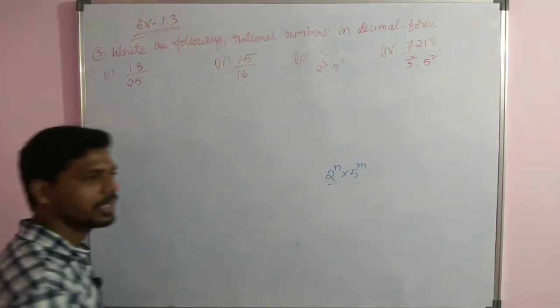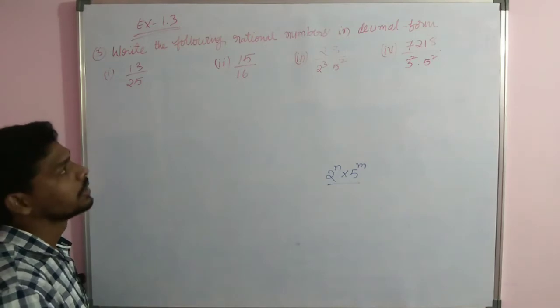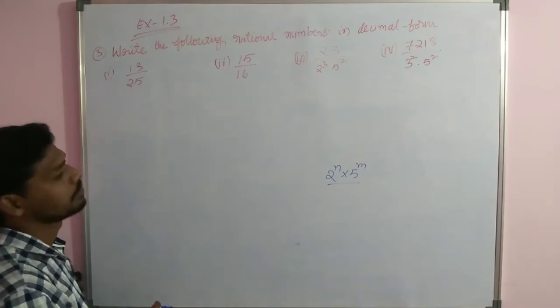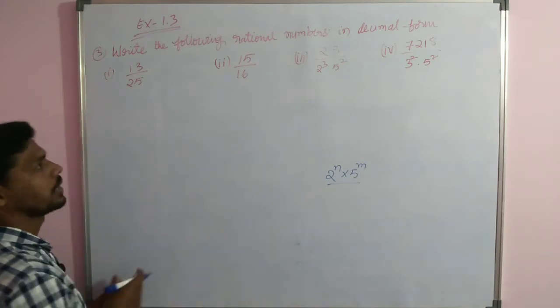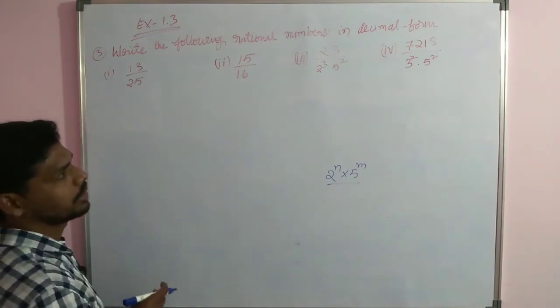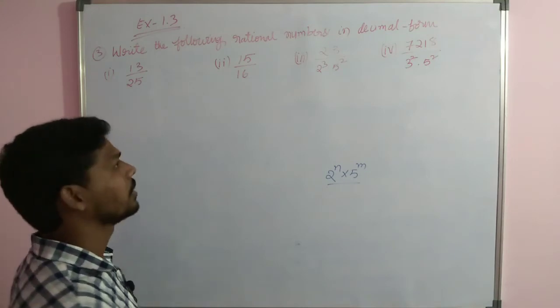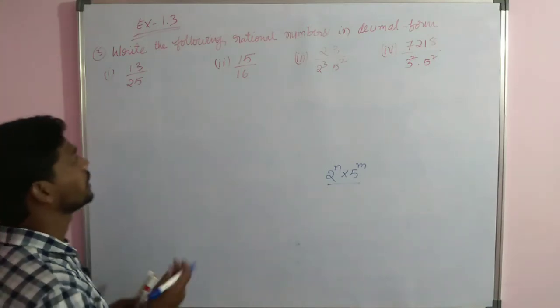Based on this we can say whether it is terminating or non-terminating. Then without doing division we can write the decimal form.